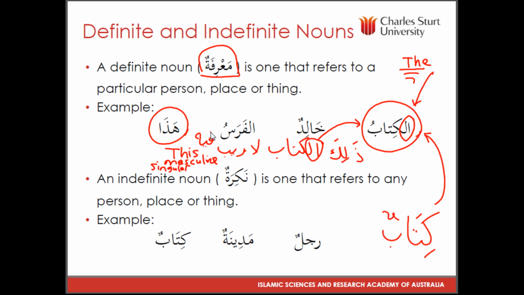It is a really important one. This is extremely important in Arabic to understand the concept of ma'rifah and nakira, the concept of definite and indefinite. It is really important.